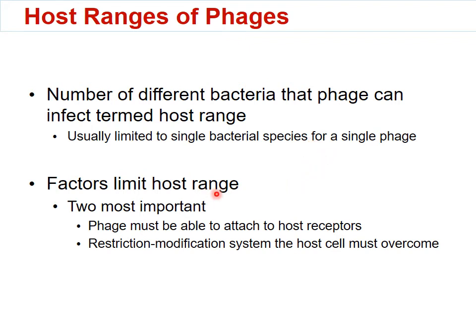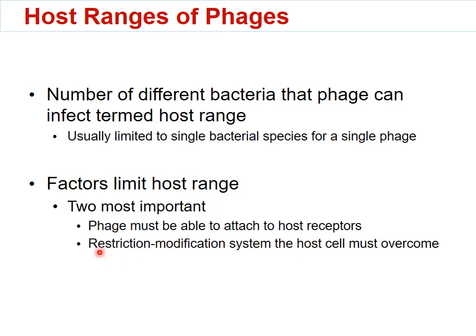And there are a couple of factors that we're going to talk about that limit the host range, like what bacteria a phage can infect. Two of the most important are the phage being able to attach to its host receptors, so things on the outside of the cell recognizing that bacterium as something it can infect.